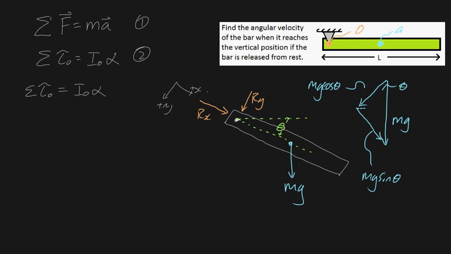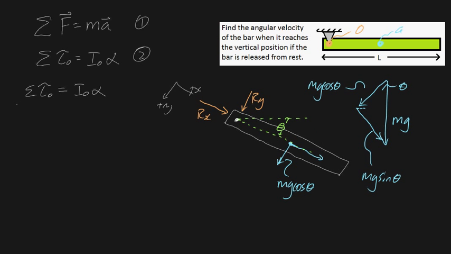Okay, so now that we've split mg into its two components, now we can take the sum of torques. Notice that the component of mg acting in the direction of the rod will not produce a torque. That's because if I were to redraw this mg, it will have a component in this direction, and it will have a component in this direction just here. And the only component that will produce a torque is going to be mg cosine theta just here.